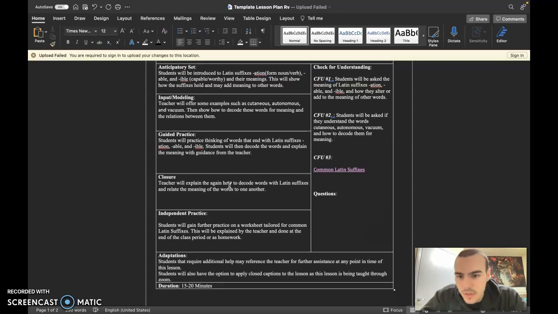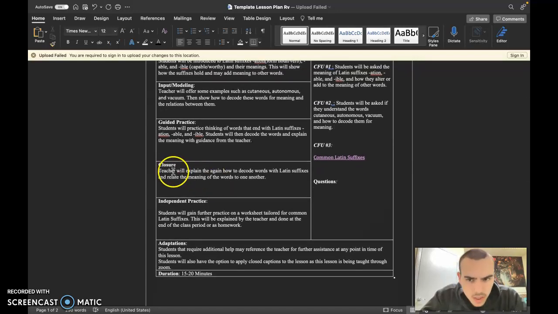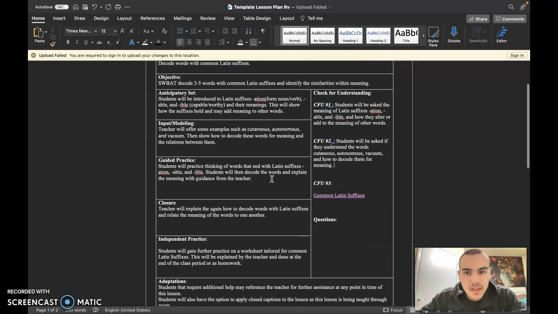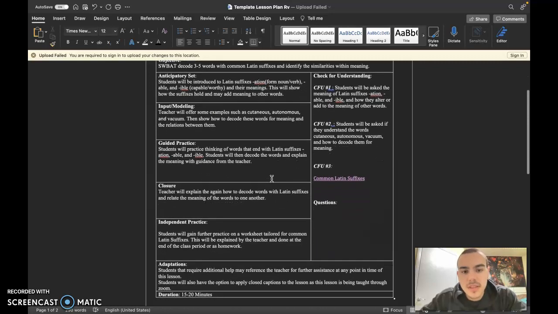And then next, we move into the closure. The teacher will explain again how to decode words and Latin suffixes and relate the meaning of the words to one another. So this is pretty much just a summary of everything that we have gone through within the lesson plan template thus far.